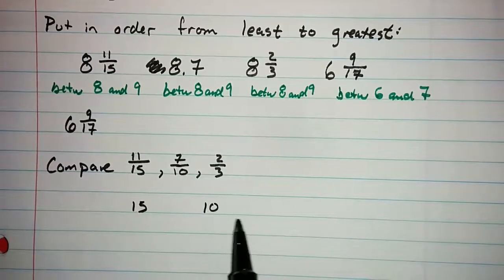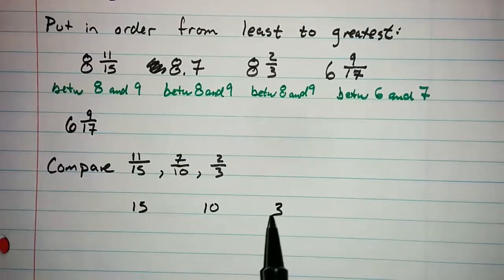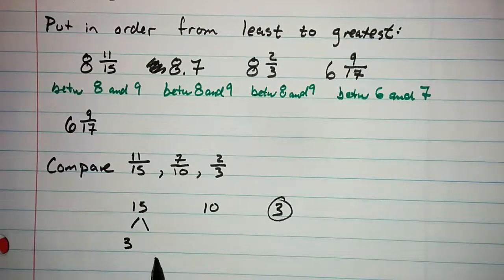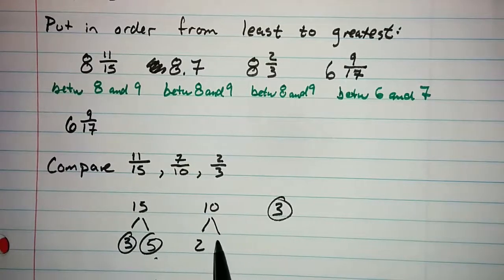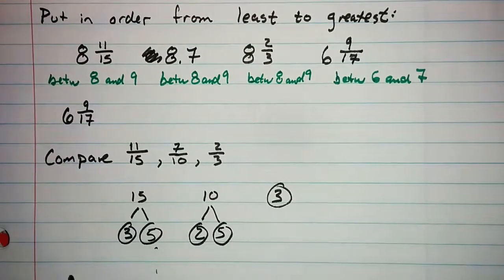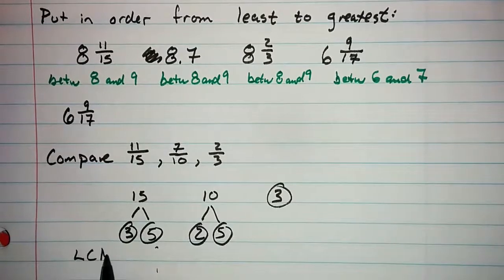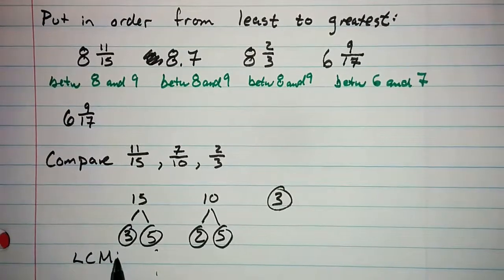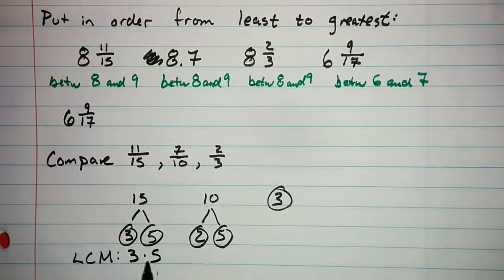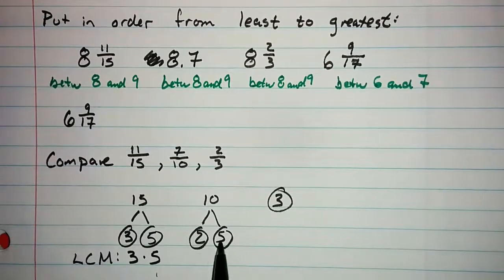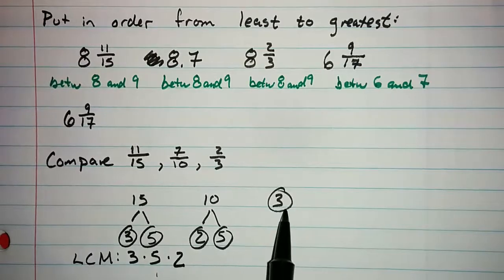Again, I think prime factorization is the easy way to find that, partially because 3 is prime. 15 is 3 times 5. 10 is 2 times 5. So my least common multiple will need a 3 and a 5. It'll need a 2 and a 5. It's already got a 5, but it needs a 2.